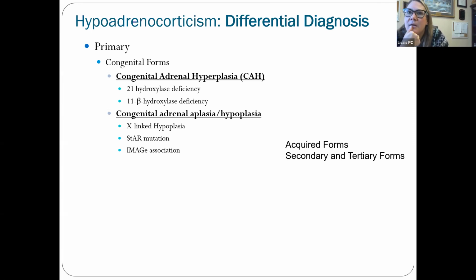These are rare, and I'm not going to go into a huge amount of detail on these, but IMAGe association, I don't know if you guys are familiar with that at all. I've only seen it once in my career, and it was actually in fellowship. It's an association: IUGR, metaphyseal dysplasia, adrenal hypoplasia, and GU abnormalities. The little boy I saw in fellowship was just after birth. He was African-American, but his family was kind of lighter skinned African-American, and he was the darkest baby I have ever seen.